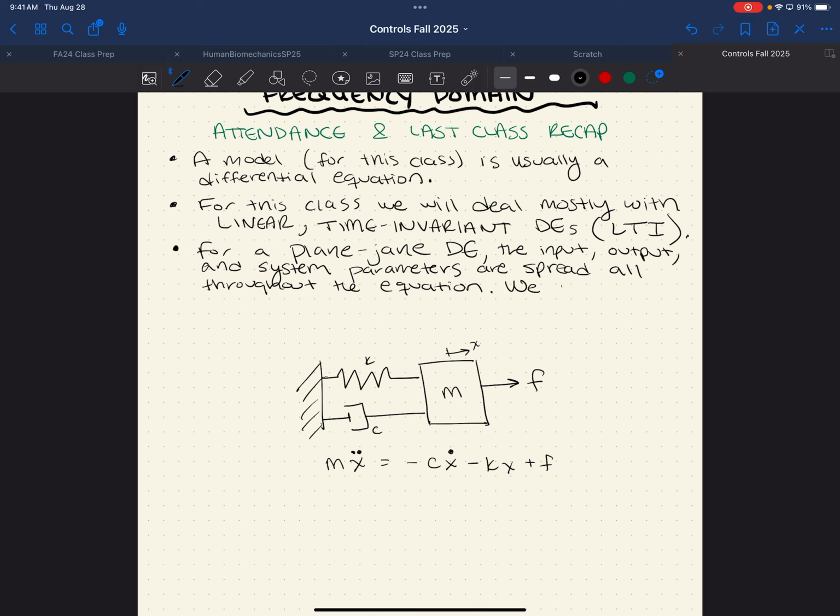But really, we would like for all of these things to be separate. We would like to represent our system where each of these things are separate blocks or signals.